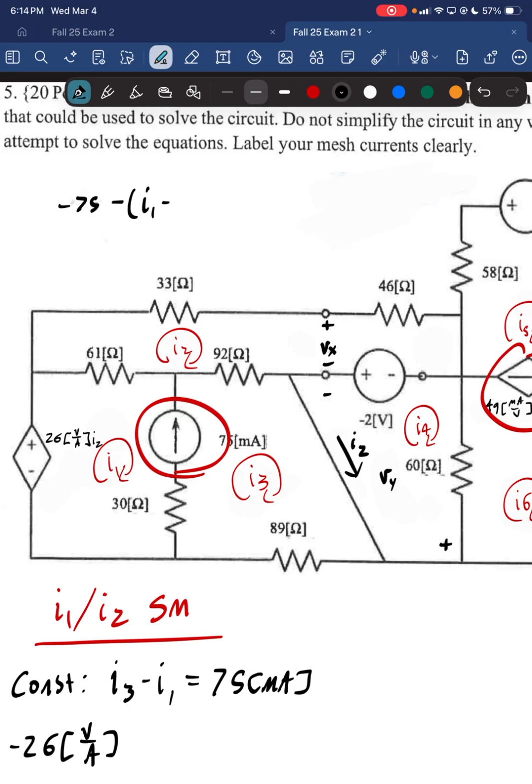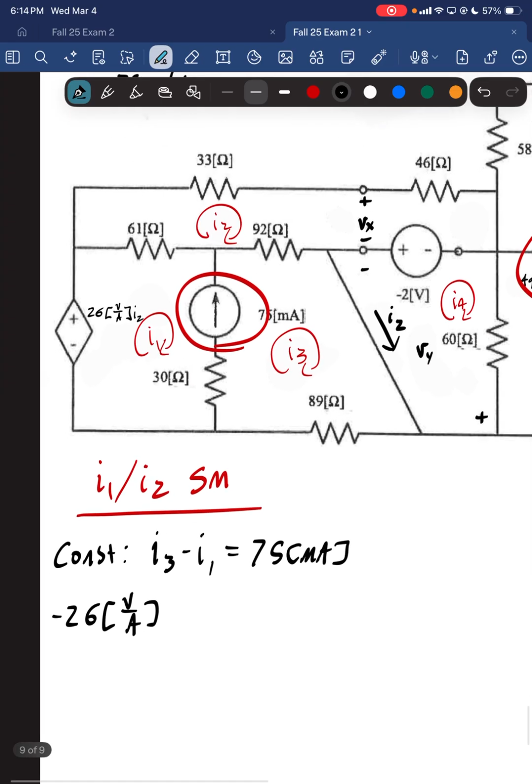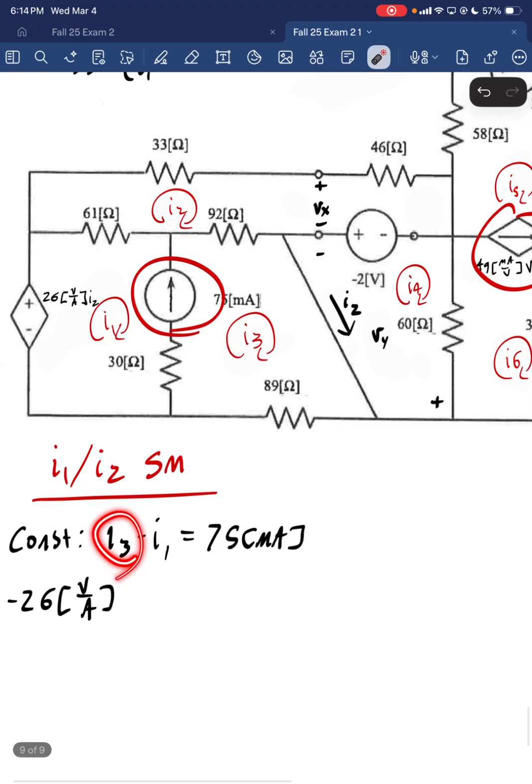That's why KCLs get kind of ugly with mesh currents, because you have 2 different current variables for every single branch if it's connected in between 2 meshes. But even if you were to do the KCL, it still would work out to it being I3 minus I1. You just look for the current that goes in the same direction as that current source. That's going to be your positive current, which is I3, and then you subtract the current going the opposite direction, I1.